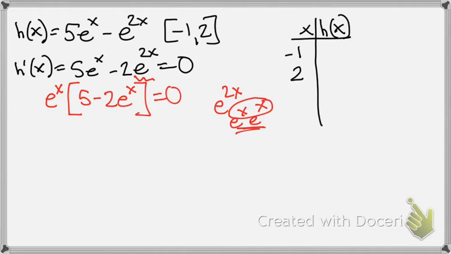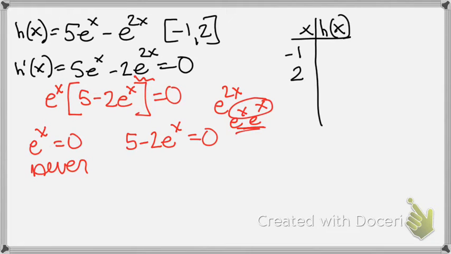Okay, set them both equal to 0. And when will e to the x equal 0? Never. It's always positive. For this one, you're going to have to get the e to the x by itself first and then natural log both sides.